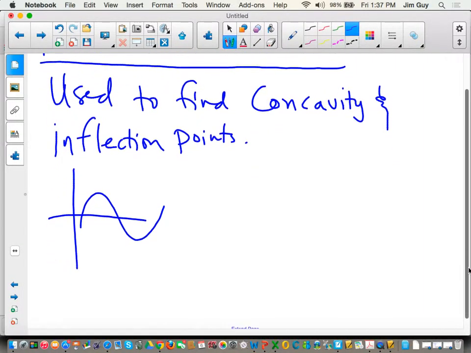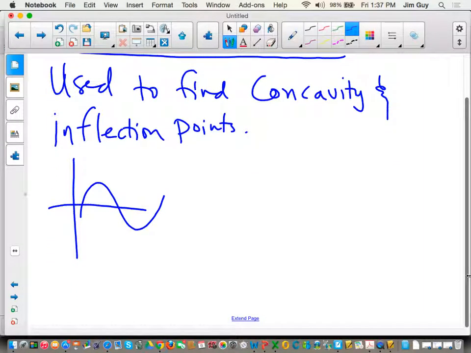Concave means to cave, to dent in, like a cave-in. So concavity talks about how it's concave. This is concave down. This is concave up. This is a smiley face. See that part there, from there to there? That's concave up. This is a frowny face. From there to there, that's concave down.